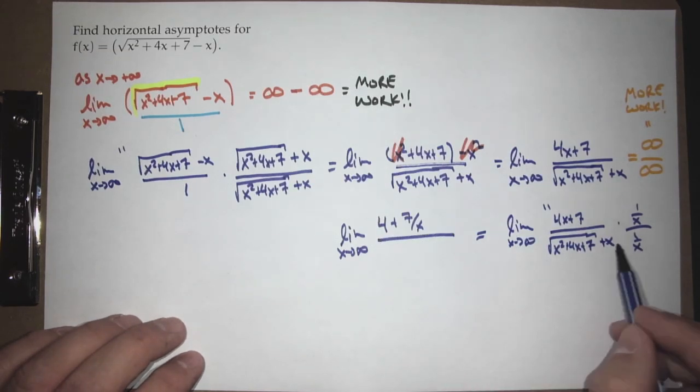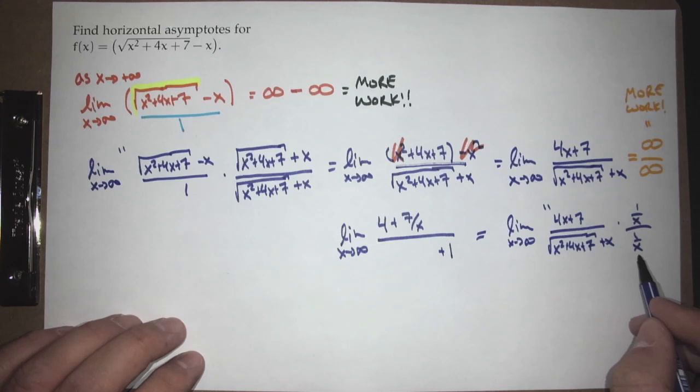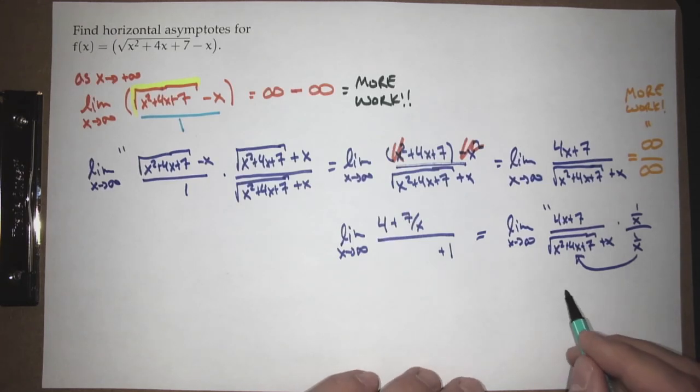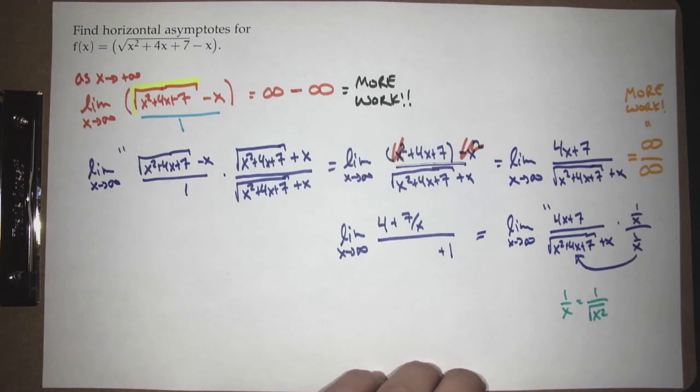Okay, the x times 1 over x on the end, that's the easy part. How do you move this inside a square root? So you're telling me that 1 over x is the same as 1 over the square root of x squared? It is. In this case.